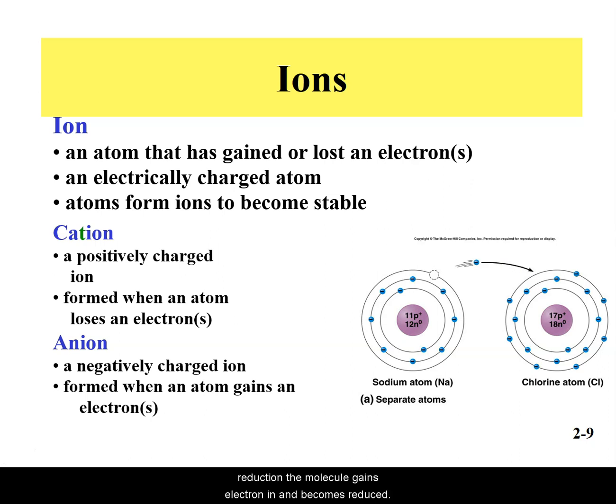The molecule gains an electron and becomes reduced. So this is called a redox reaction, because you have oxidation, giving it up, and then gaining an electron is reduction. Redox reaction is what this is called. And next time we'll look at ionic bonds and polar bonds and different types of chemical bonds in part 3.